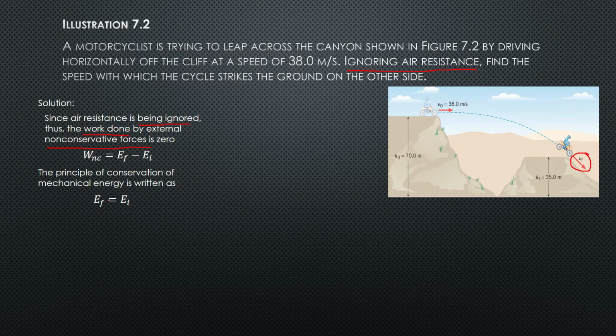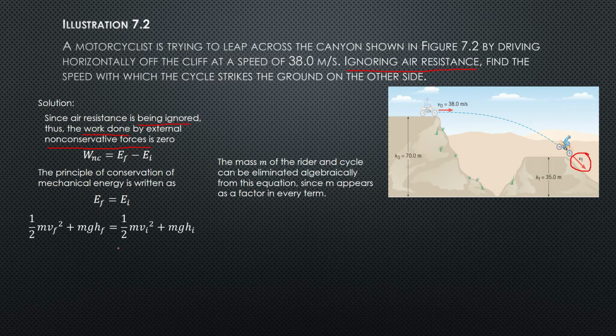So from that equation, the final mechanical energy will be equal to the initial mechanical energy, and our formula is this one: kinetic energy final plus potential energy final will be equal to kinetic energy initial plus potential energy initial.